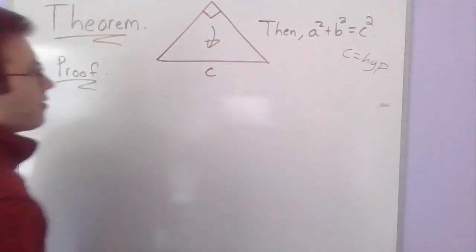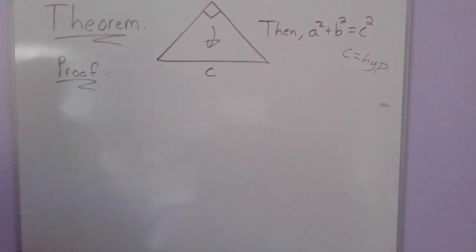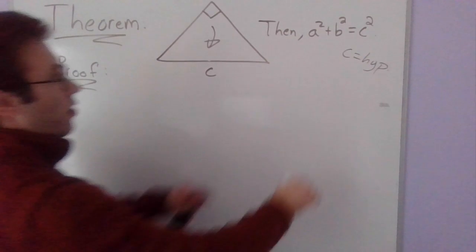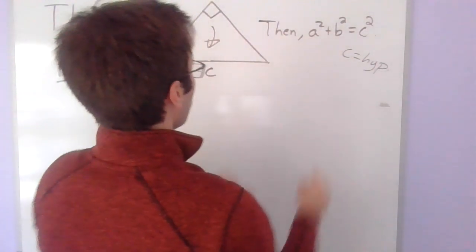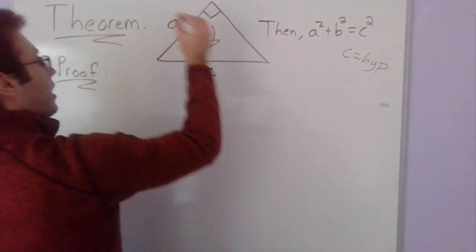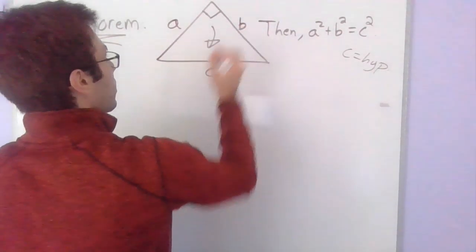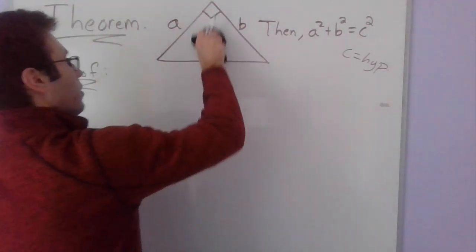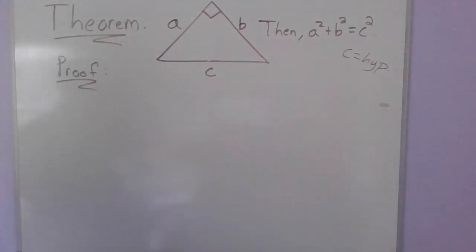So this would be side C. It's across from it, opposite the 90 degrees. These other sides are called the legs of the right triangle. A and B are legs. So if we're going to write this as a theorem, this would be how we would go about doing it. Okay, so let's get into the proof as to why this thing works.